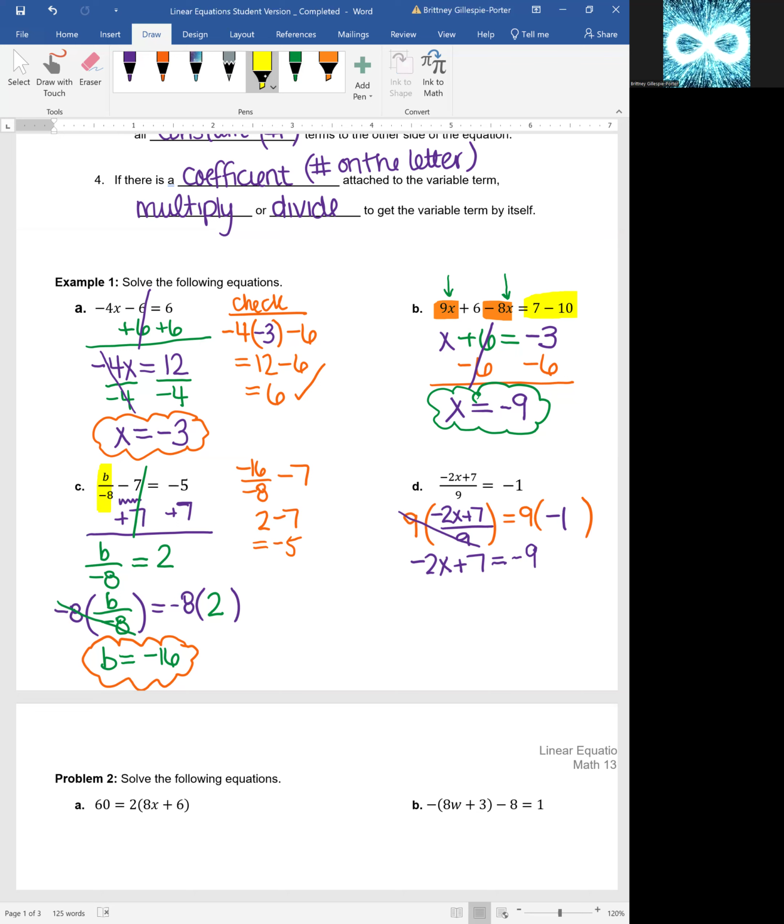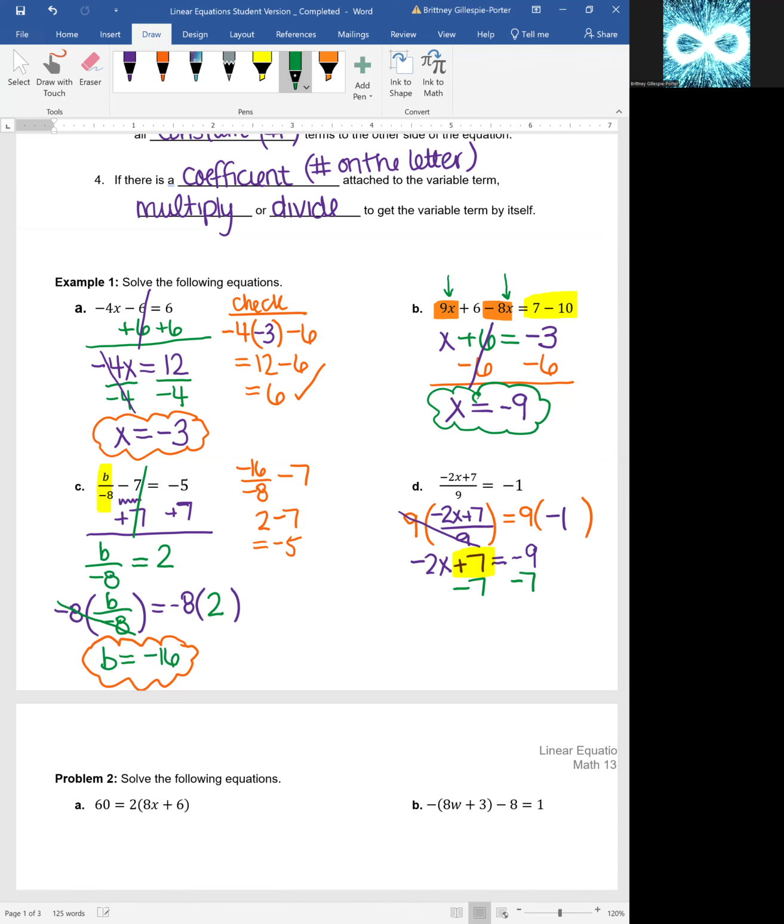We need to get our variable by ourselves, but we can't divide by that -2 yet because we have this +7 in the way. You need to get all your variables or letters on one side and all your constant terms or numbers on the other. Since we are adding 7, we need to subtract 7.